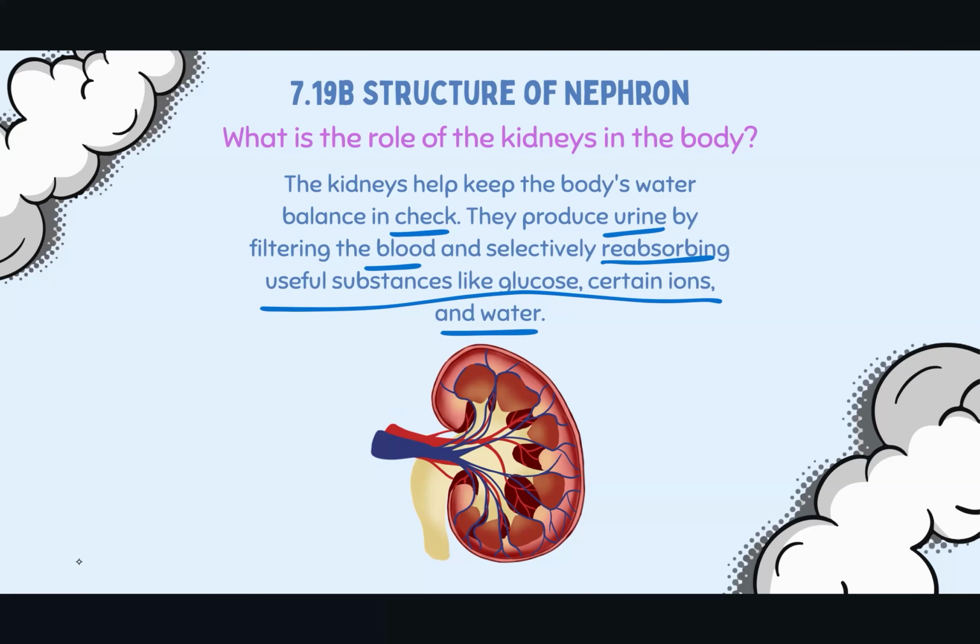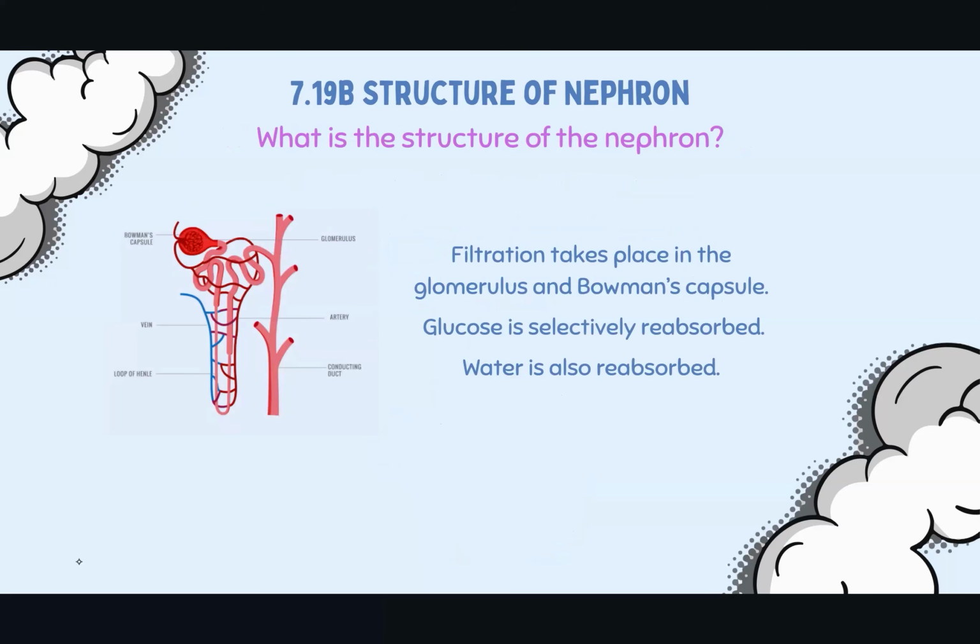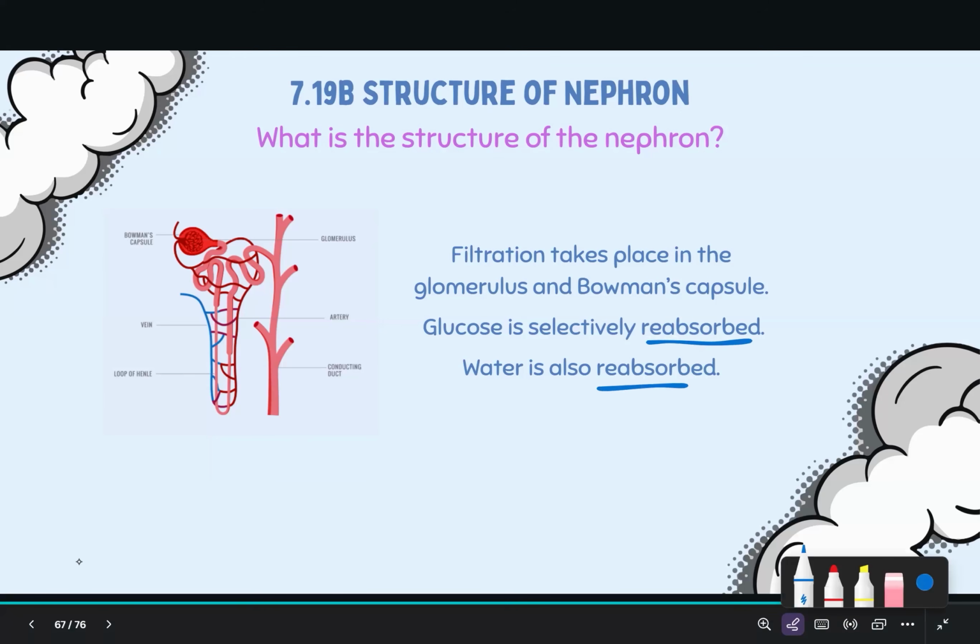And then the body will actively transport out anything that's useful, like glucose and certain ions, and water will be reabsorbed. So filtration takes place in the glomerulus and the Bowman's capsule. Glucose is selectively reabsorbed and water is also reabsorbed.